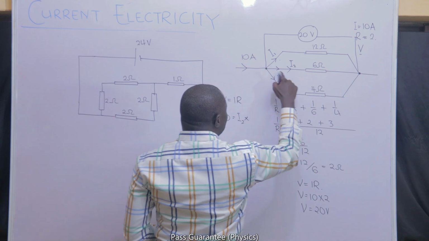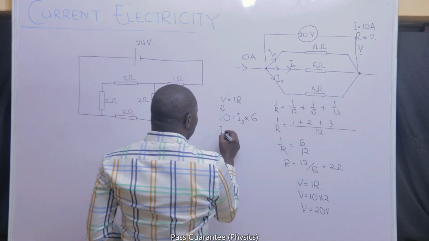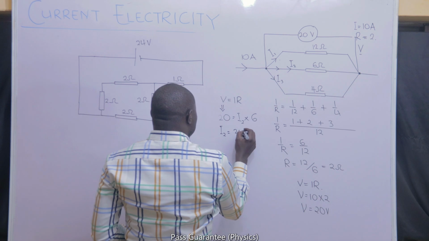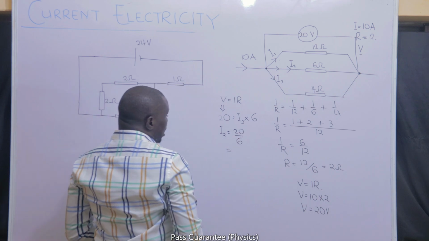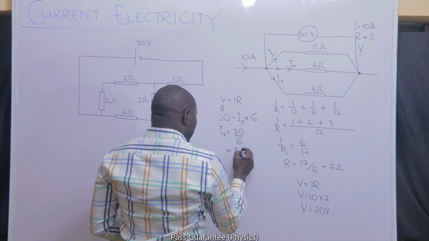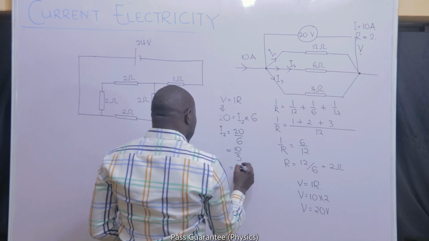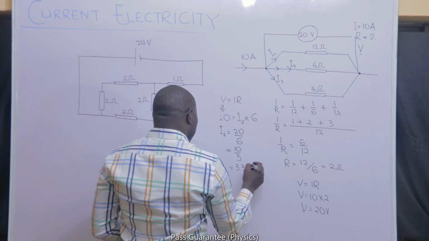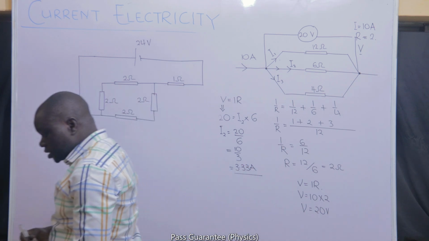What's the resistance of that line? It is 6. I2 therefore must be equal to 20 all over 6. 20 all over 6 should be 10 all over 3, and 10 all over 3 should clearly be 3.33 amperes. That is the answer to the question.